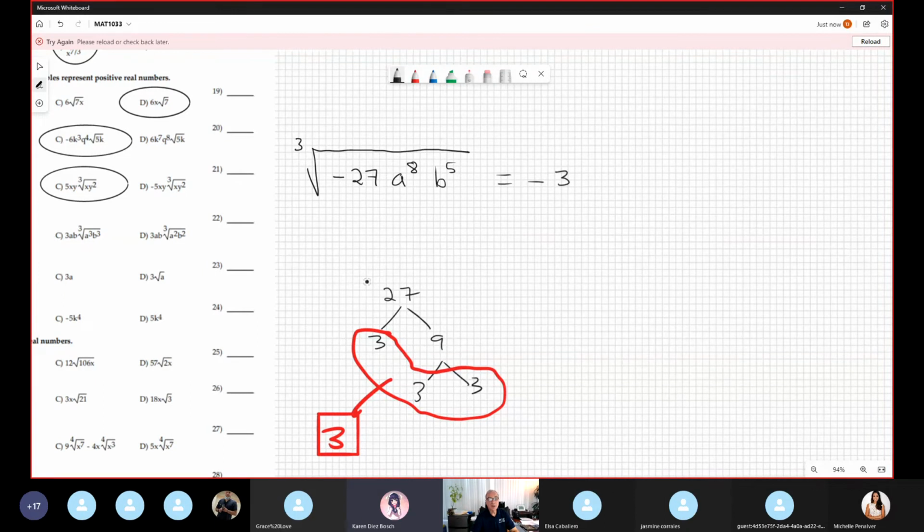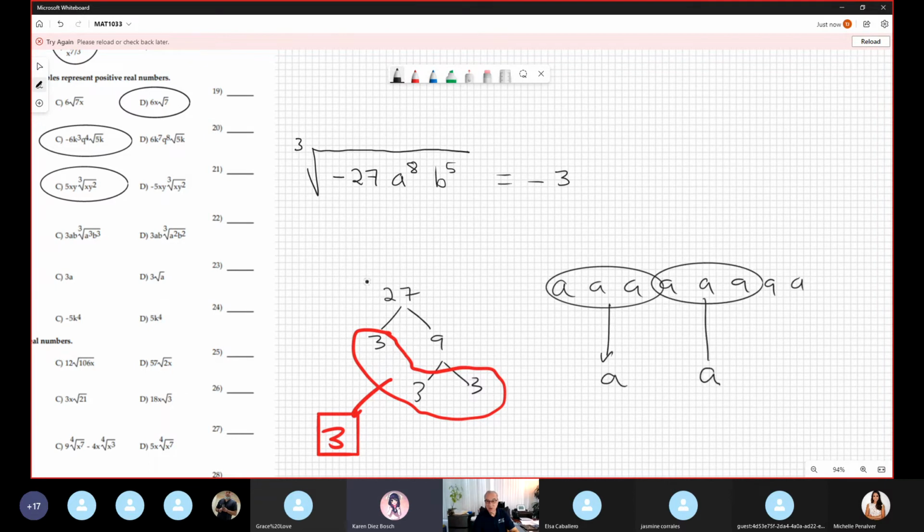And now we analyze a to the 8, b to the 5th. Either way, suppose the way that you like is 1, 2, 3, 4, 5, 6, 7, and 8. And you select 3 by 3. 1, 2, and no more. This represents 1 a. This represents another a. So it's a squared, which is the multiplication a times a. And inside the cubic root, we have a squared.